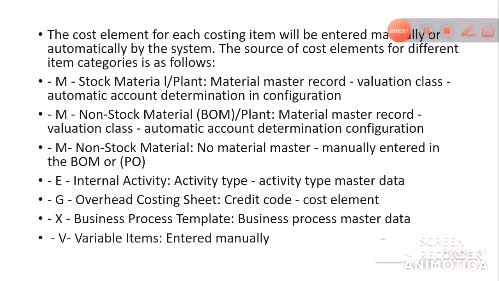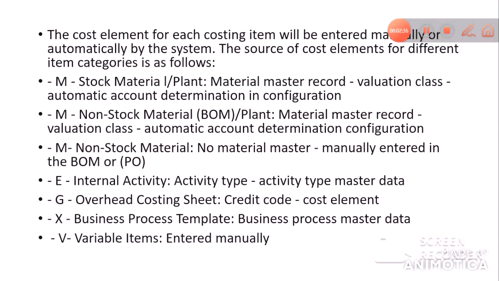M, stock material or plant: material master record, valuation class, automatic account determination in configuration. M, non-stock material: BOM or plant, material master record, valuation class, automatic. Non-stock material, no material master: manually entered in BOM or PO.